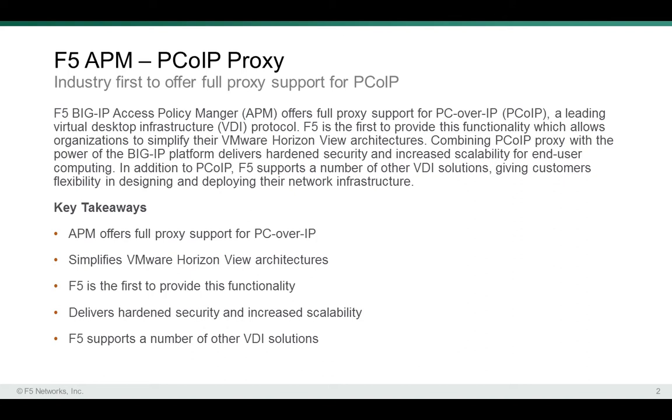And that tunnel allowed for us to encapsulate the PC over IP protocol and send it over that UDP-based VPN. PC over IP is a UDP-based protocol, and about 2 years ago, VMware came to us and said they were having trouble with external users being able to access securely their View resources inside the data center.